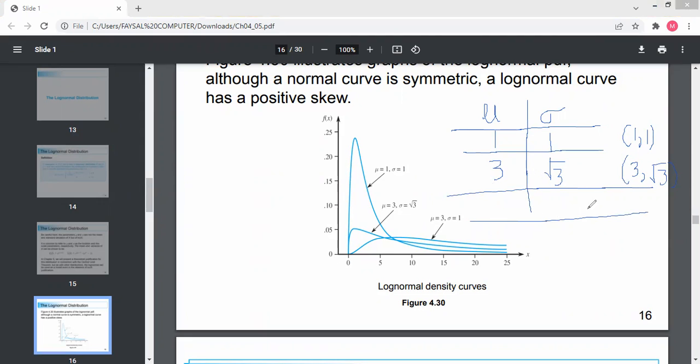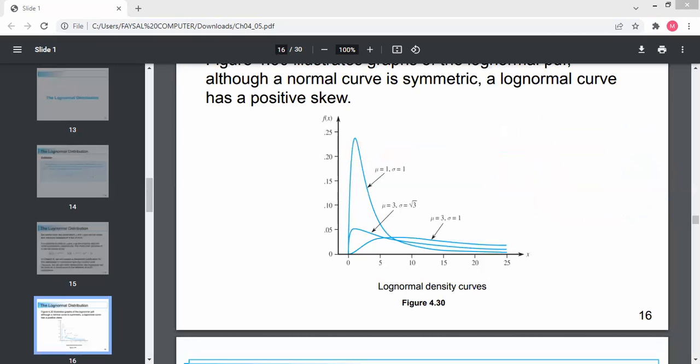And the third one is when mu equals 3 and sigma equals 1, that is 3, 1. These are the three values. This graph is for the first function, this graph is for the second function, and this graph is for the third function respectively.